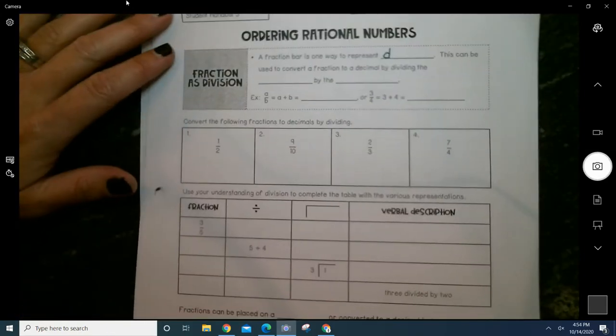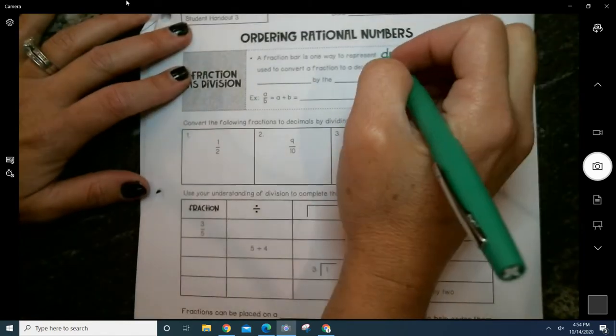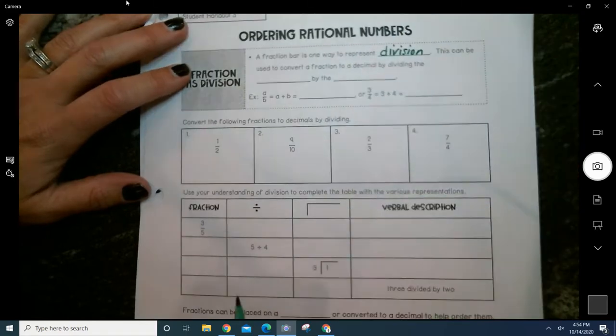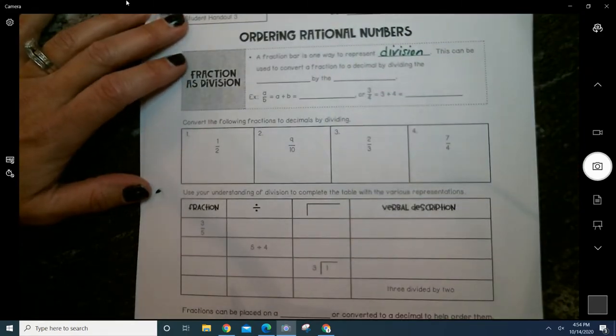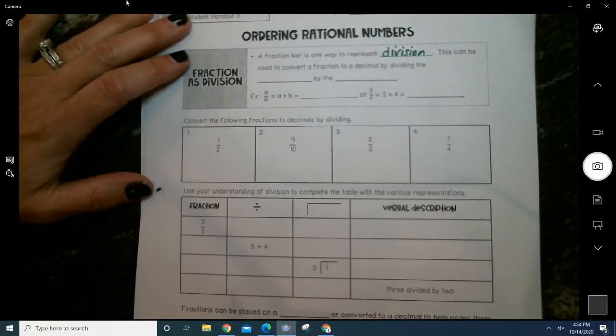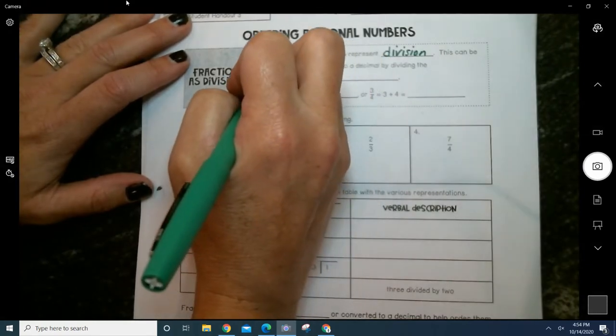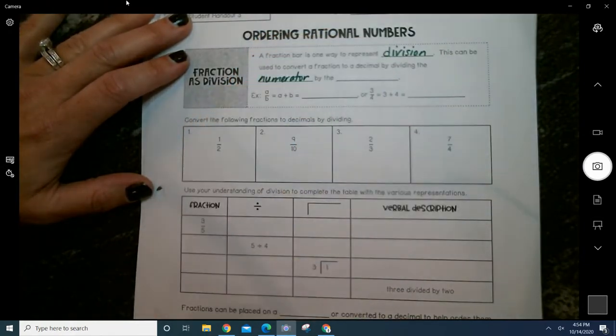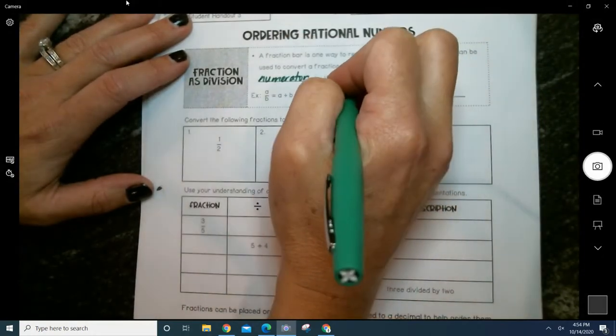All right, let's start. A fraction bar is one way to represent division. This can be used to convert a fraction to a decimal by dividing the numerator, that's the number on the top, by the denominator.